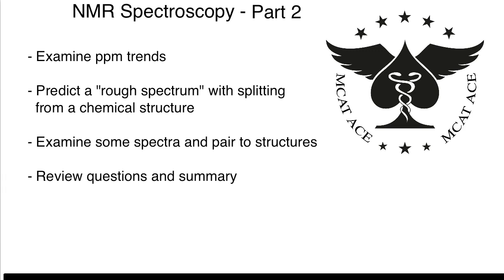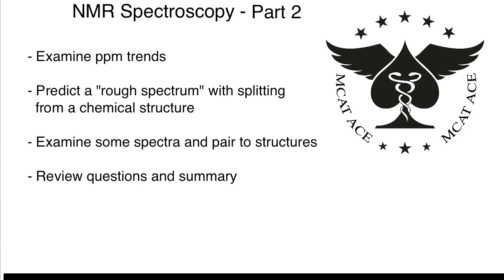For instance, methyl groups, CH3 groups that are not near any electron withdrawing groups, are almost always found around 1 ppm. So we're going to give some general ranges as guidelines, and that will help in predicting some of these structures as we move forward.